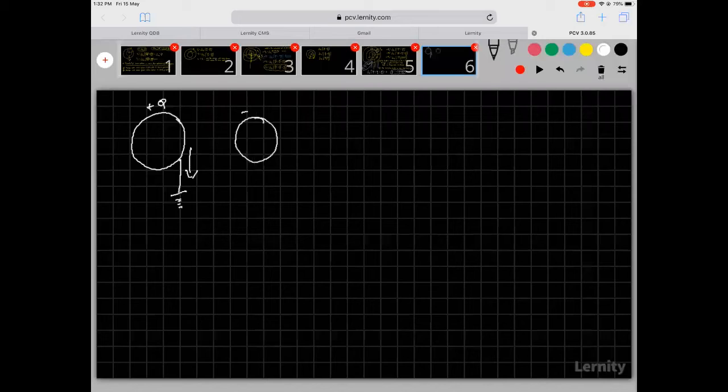In this case, charge doesn't go there, negative charge comes here to neutralize it. If you have minus q and then you earth it, then all the minus q will go into the earth.